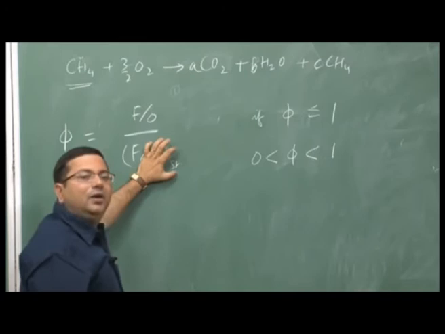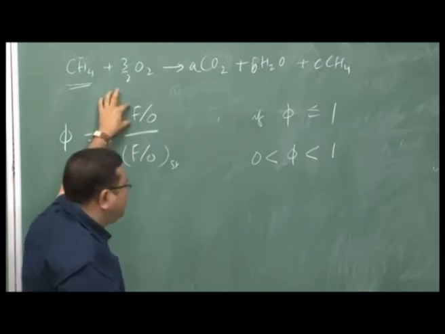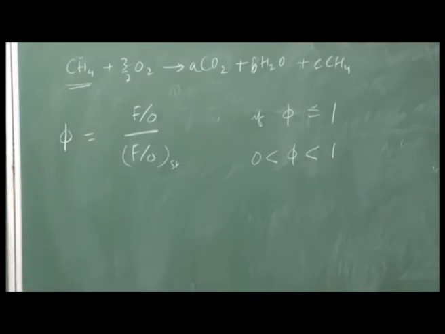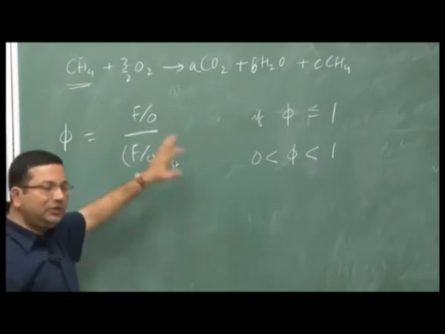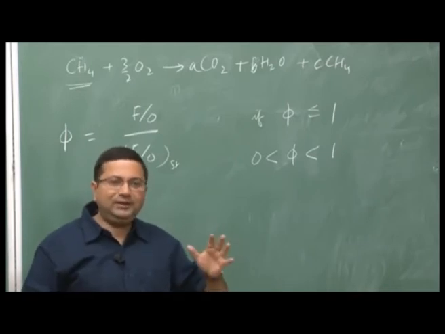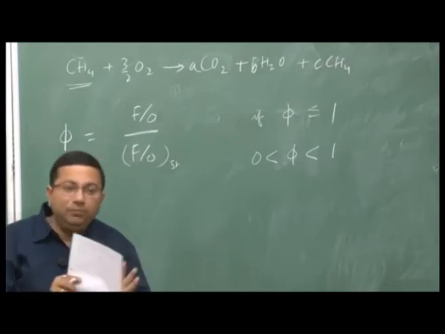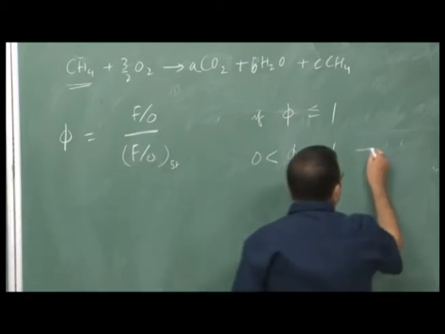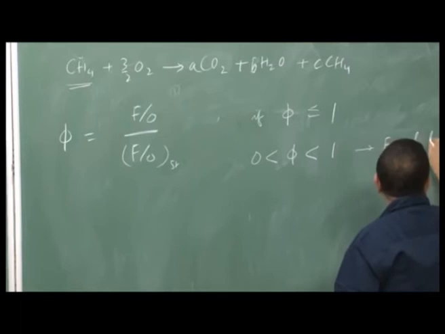Okay. What does it mean? That either the amount of fuel is less than the stoichiometric requirement or the amount of oxidizer is more than the stoichiometric requirement. So, in both the cases, all the fuel will be burned, some oxidizer will remain.